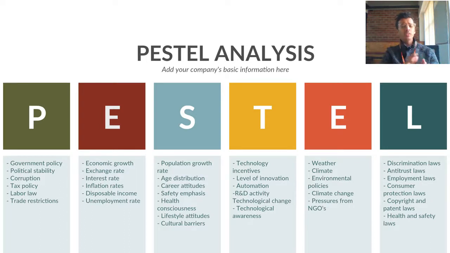Something else it depends on is the tax policy, how much tax needs to be paid to the government by the organization, and the labor law, how many hours people can work per week or per month, and if they work extra, whether extra pay is to be provided. All these become factors when it comes to political. Then there are trade restrictions as well.